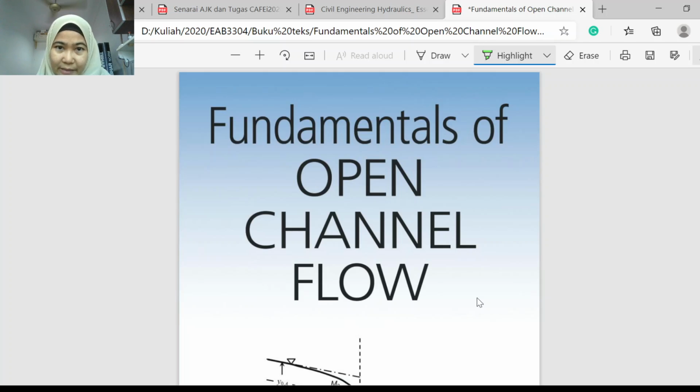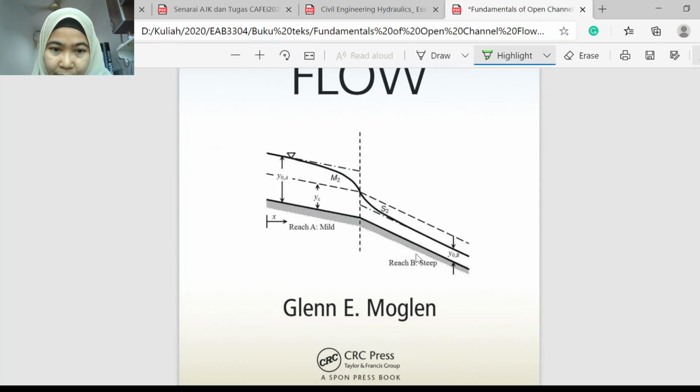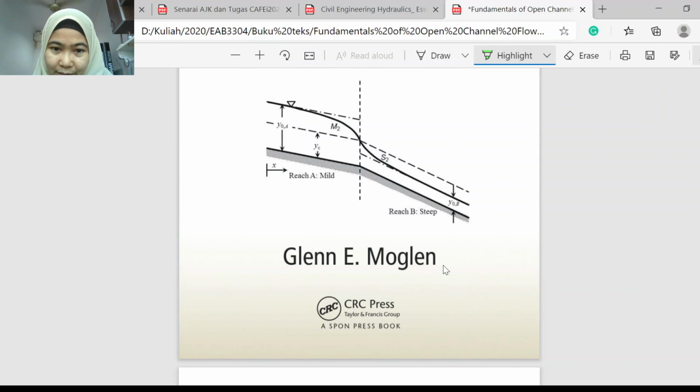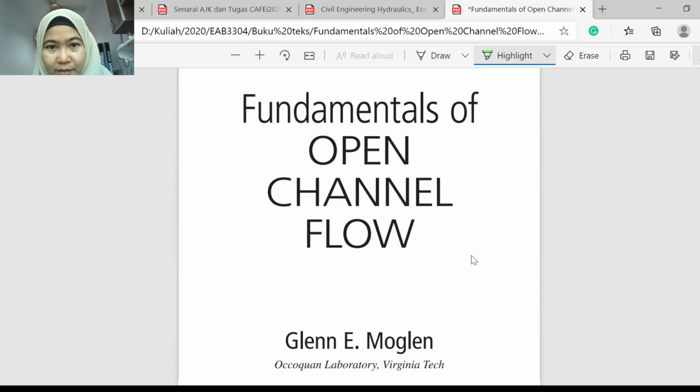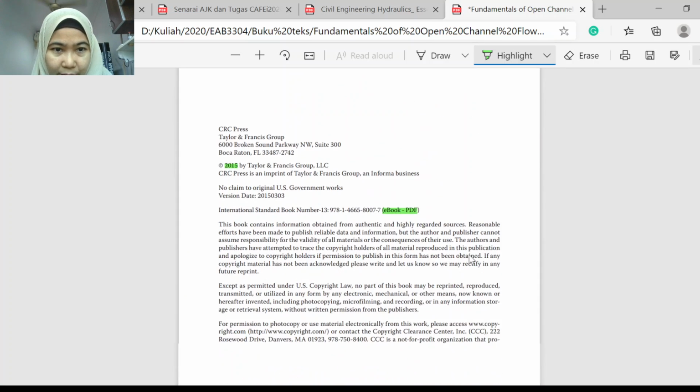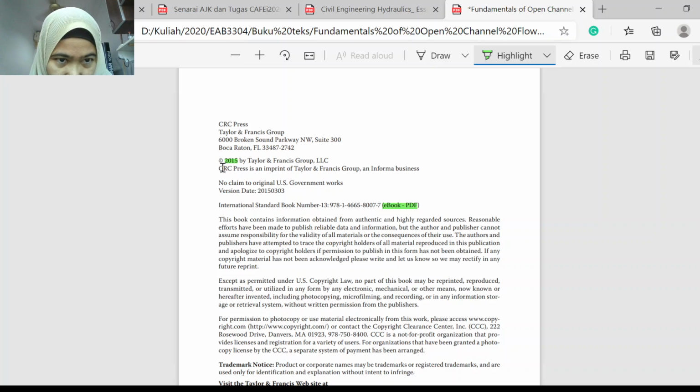Okay, so this textbook is written by Mr. Glenn E. Moglen, and it's published by CRC Press. The year of publication is quite recent for this textbook, it is 2015. And we are lucky because we have this e-book, so we don't have to carry the textbook around like what I used to do 15 years ago.